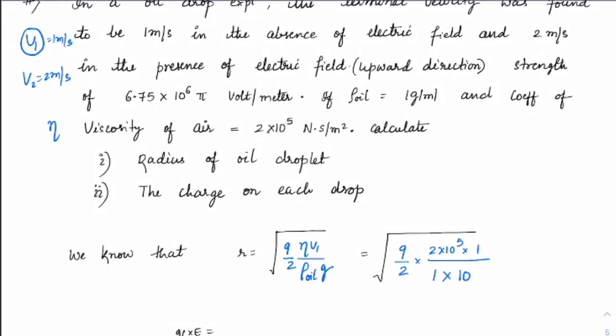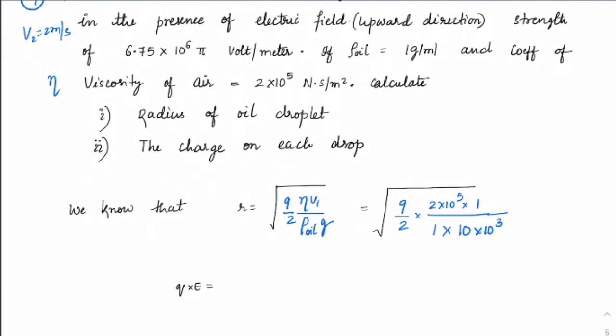Whatever I calculate here, I have to make sure that this rho, which is in gram per ml, is converted to kg per meter cube. So 10 raised to the power of 3 gets multiplied. Right. So we will be able to solve R from here, and that R will come in meters, which is the radius of the oil droplet.